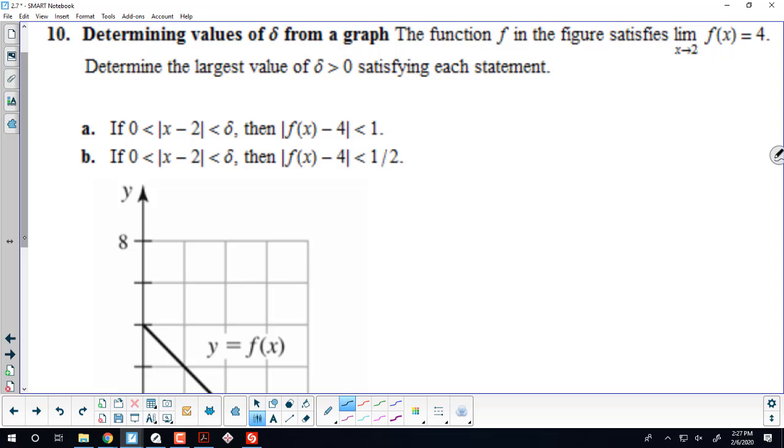Sometimes they're written out differently. We've got the function f of x graphed, the limit as x approaches 2 of f of x is equal to 4. So here, what's our a? A is 2. A is the thing x approaches, and our limit is 4, the thing that the function approaches.